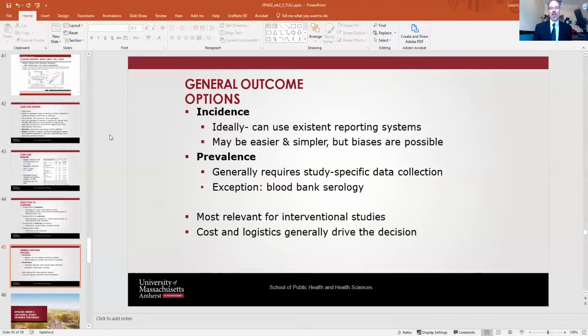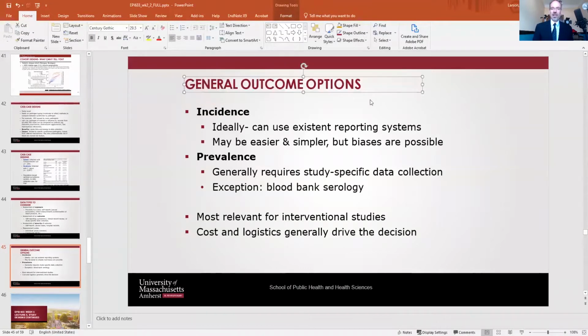Exception would be blood bank serology, where blood samples are taken in and tested for whatever. Most relevant for interventional studies, cost and logistics drive the decision. Now, obviously, any sort of epidemiologic study, money talks. The more money you have, the better study you can do. The less money you have, the more challenges you have, but you can be strategic about what you do.